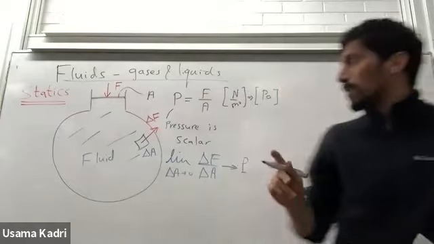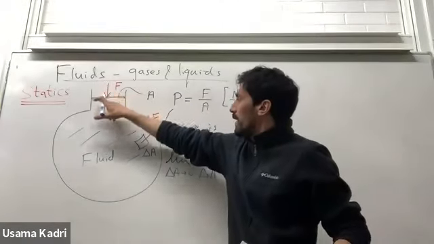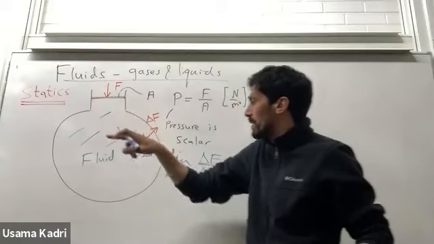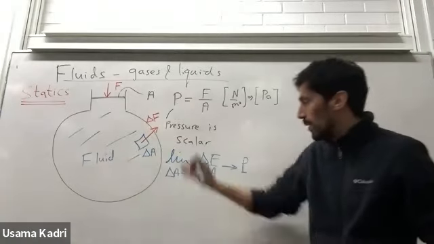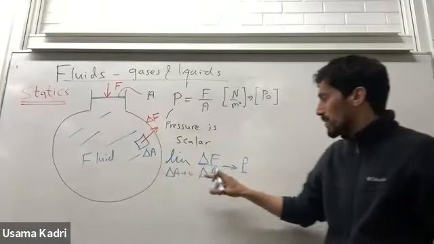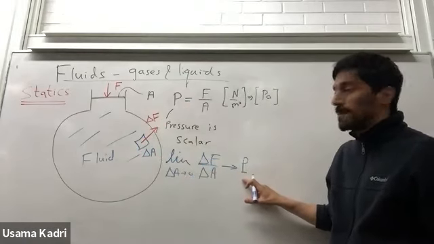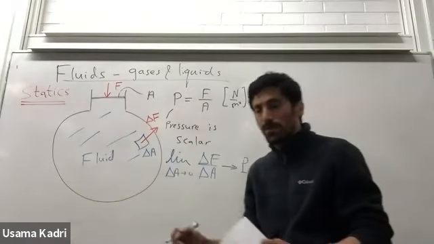And this is an important result. I apply a force here, and that force results in a pressure here, but the pressure everywhere in the system, on the fluid, should be the same. On every single fluid element, the pressure should be exactly P, ignoring gravity. The pressure should be the same everywhere.